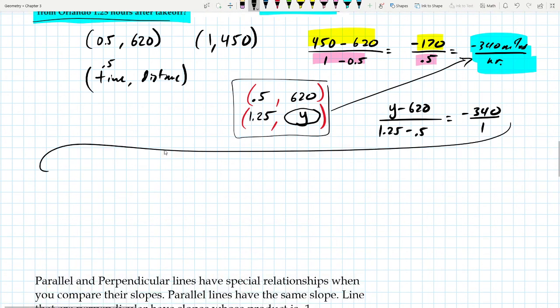And we'll continue this problem down here. y minus 620 over 1.25 minus 0.5 is 0.75 equals negative 340. Multiply both sides by 0.75. And I get y minus 620 equals negative 255. Add 620 to both sides.